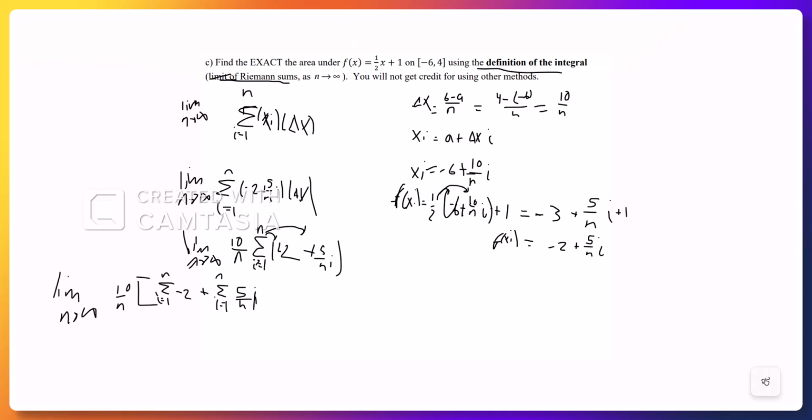Let me erase that. And now that we have this distributed, we're going to plug in n. So the limit as n approaches infinity, 10 over n will be multiplied by -2n plus 5 over n, and we're going to put the 5 over n behind the sum.